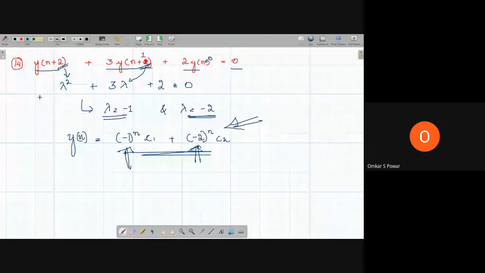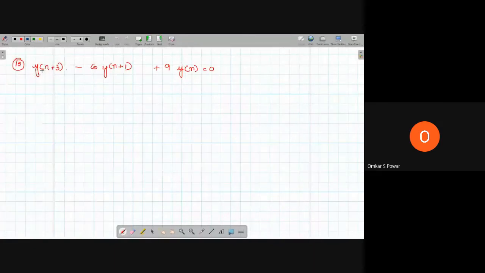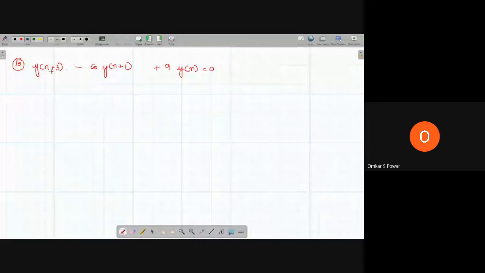Now we will go to the second problem. What is the second problem here? y of n plus 2 minus 6 y of n plus 1 plus 9 y of n is equal to 0.